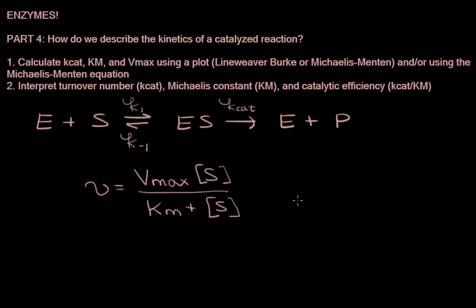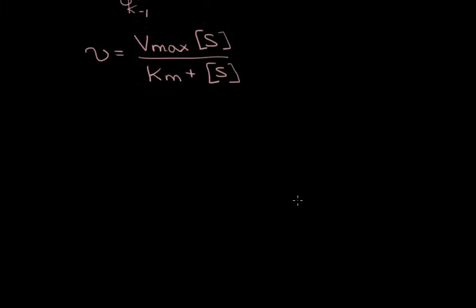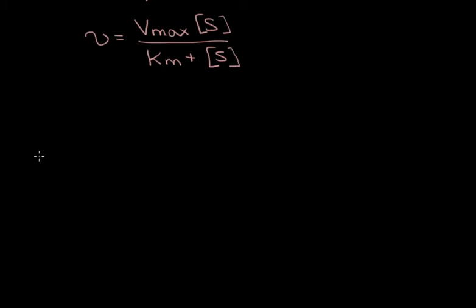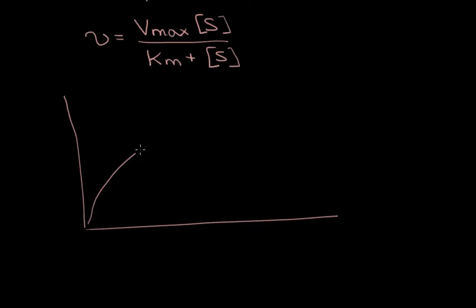And when we take this Michaelis-Menten equation and make a plot of it, we find that this shows a hyperbolic curve, right? Okay. So this is the reaction progress for an enzyme catalyzed reaction.